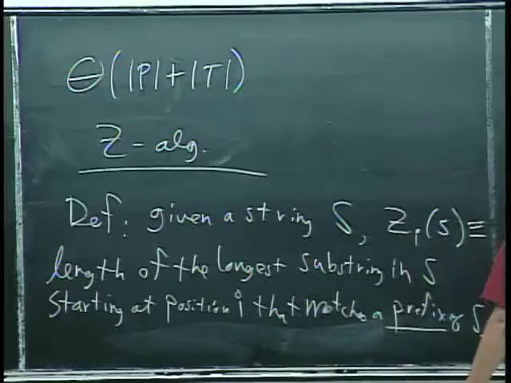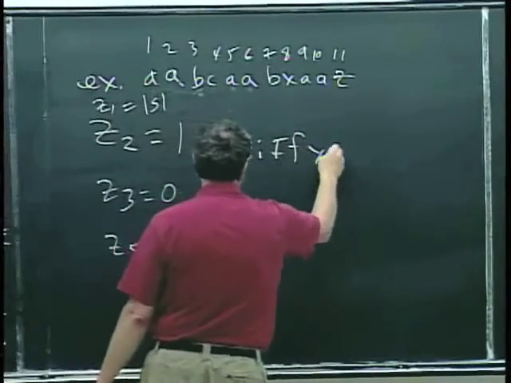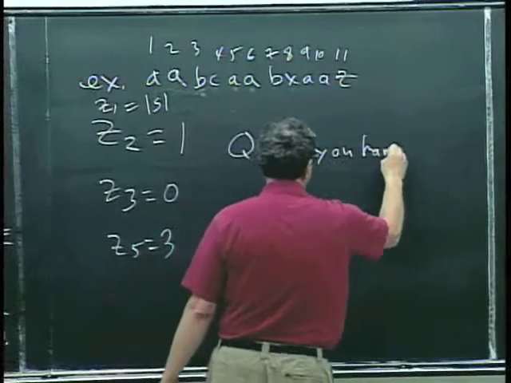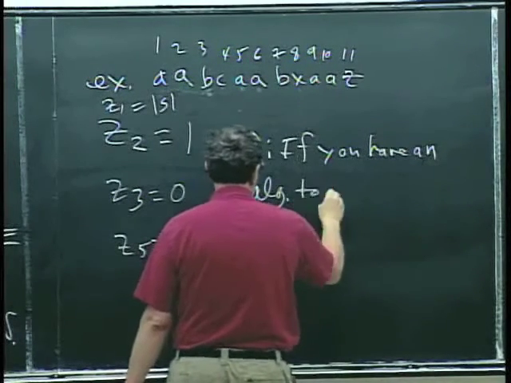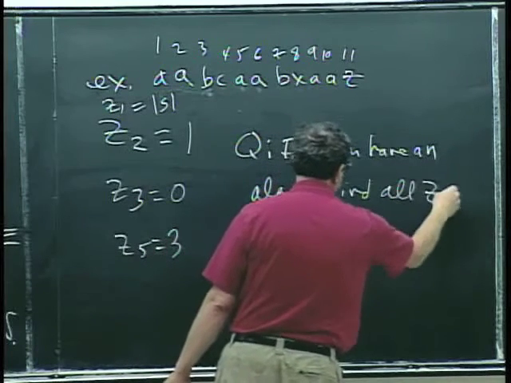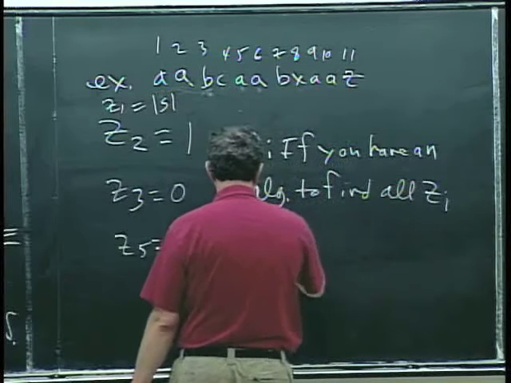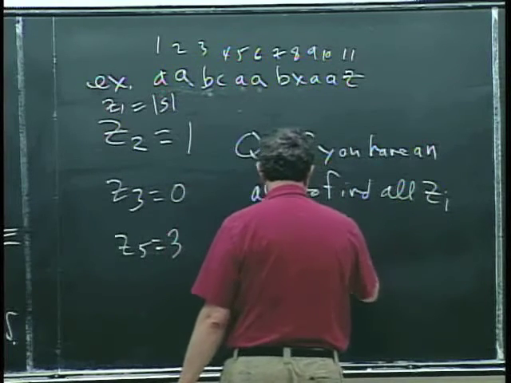The question right now is, if you have an algorithm to find all the zi values, how do you use it?